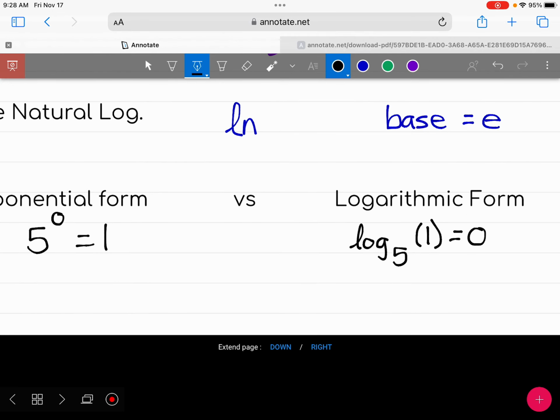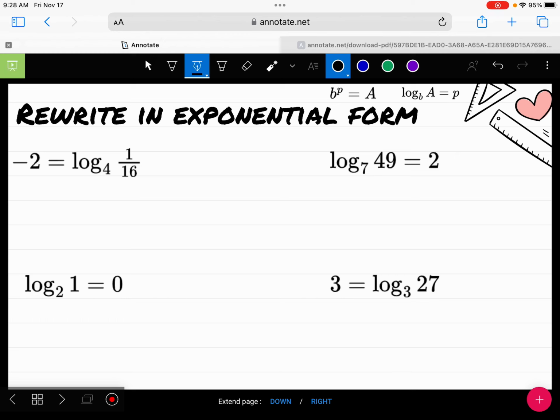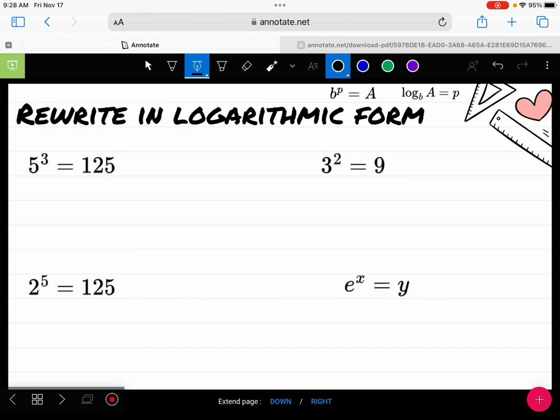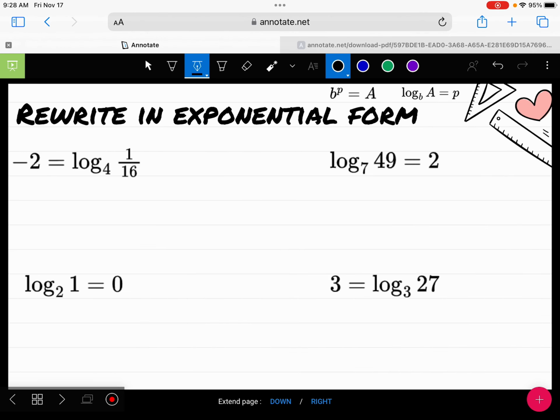Okay, and that's what we're going to be doing, practicing switching them back and forth repeatedly. In the next thing, we're going to switch from log form to powers and from powers to logs. And I have them written on your slides with P because that's the way I'm used to it.